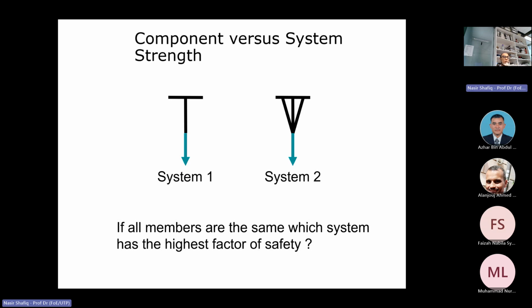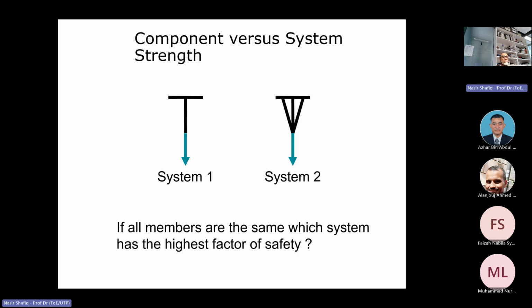In order to comply with asset integrity, all components as a whole must also be integral, right? For example, system 1 has only one component, so it is easy to maintain because the whole system is composed of one element, right? So element integrity and system integrity are the same.